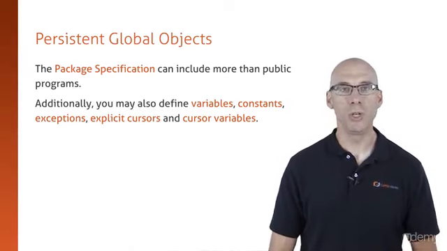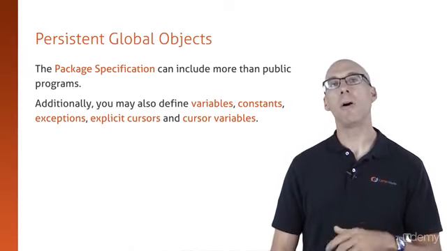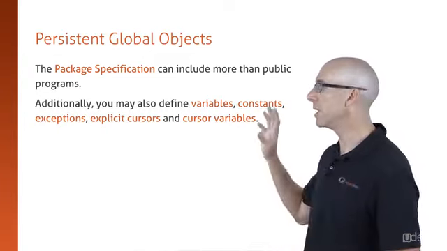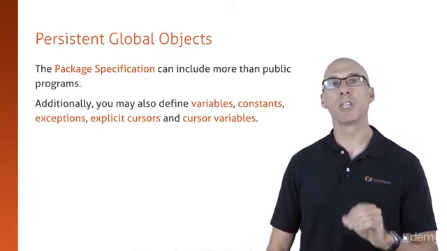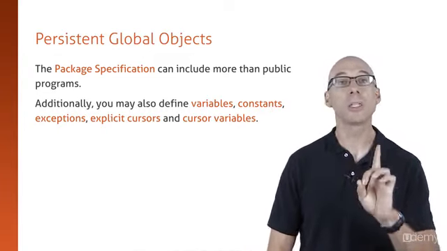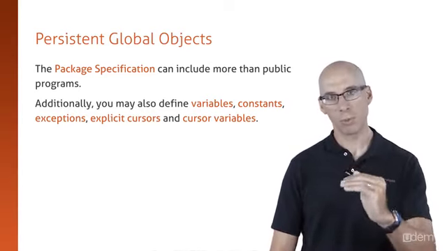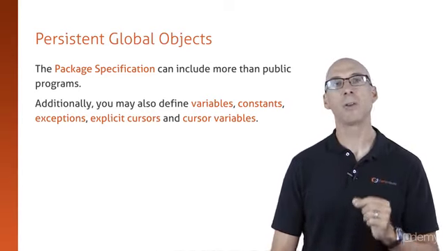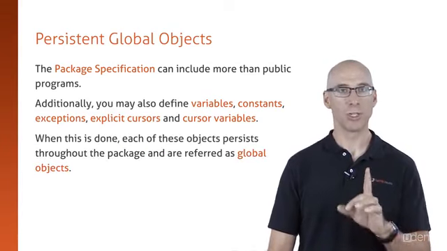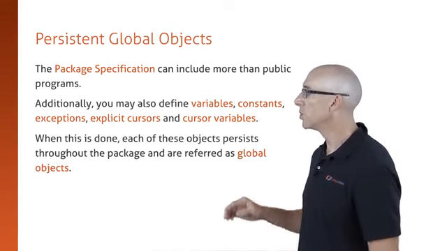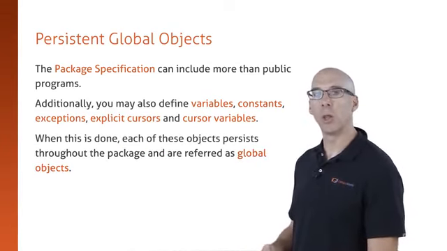The moment you do this, you are now exposing that. If you put this inside of the specification, you're exposing that not only to the world, but you're also exposing it to every procedure or function found within your package, which is extremely cool. So it is now considered a global object.